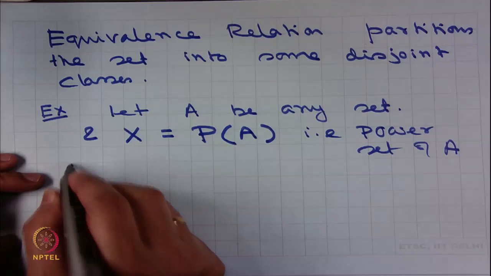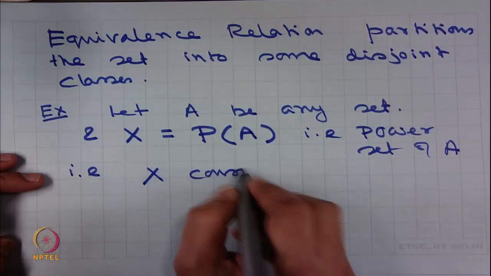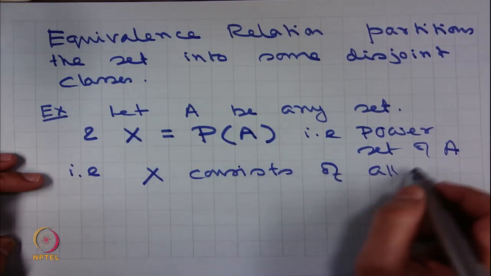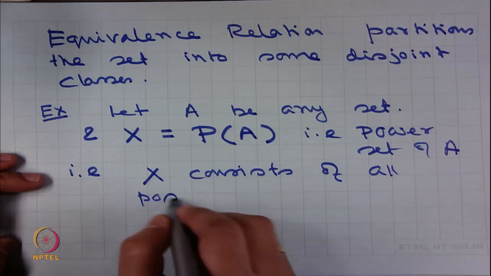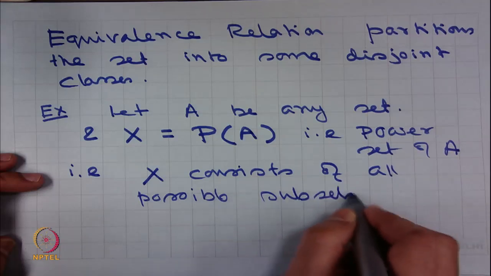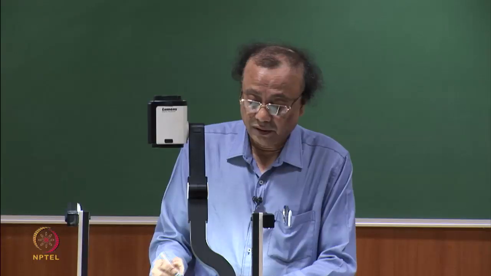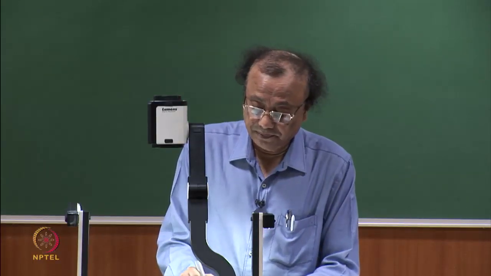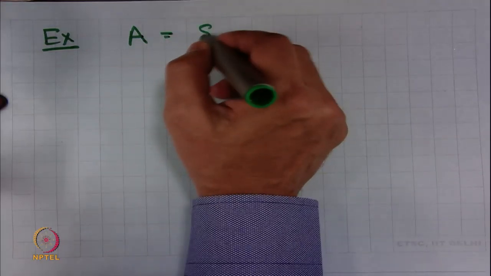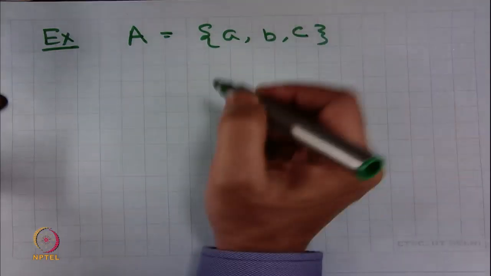That means X consists of all possible subsets of A. Example, let A be the set {a, b, c}.